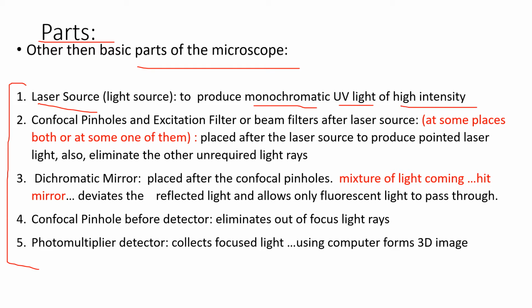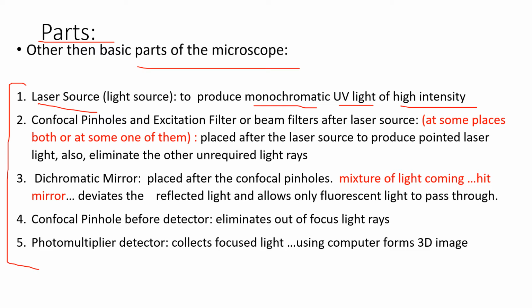First thing is this. Now we're going to have confocal pinholes and excitation filters, or beam filters we can say. These are placed after the laser source and it is not always important that we get confocal pinholes and excitation filters both inserted into the microscope.